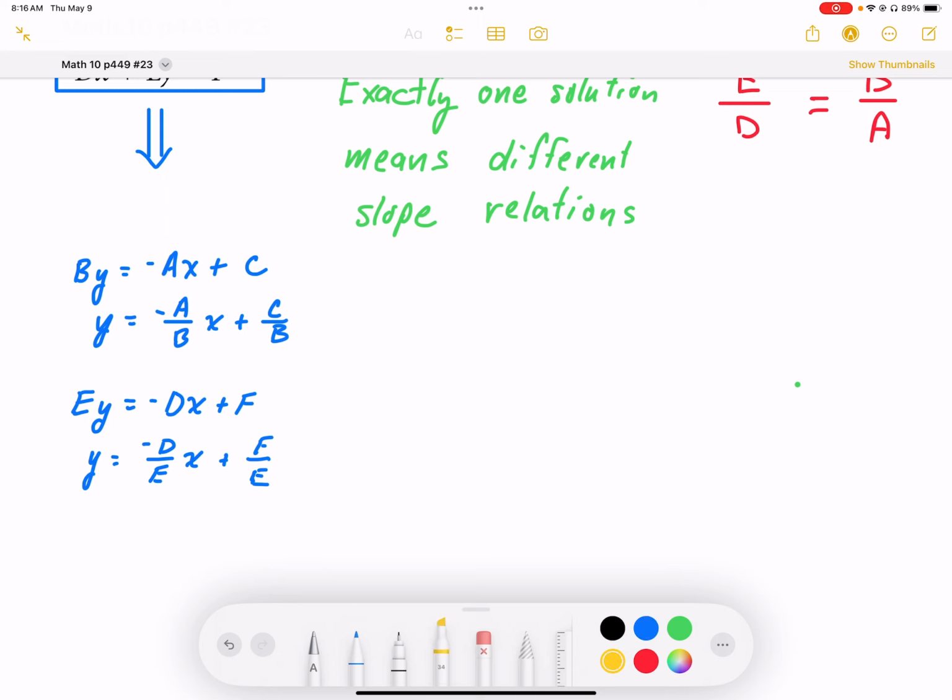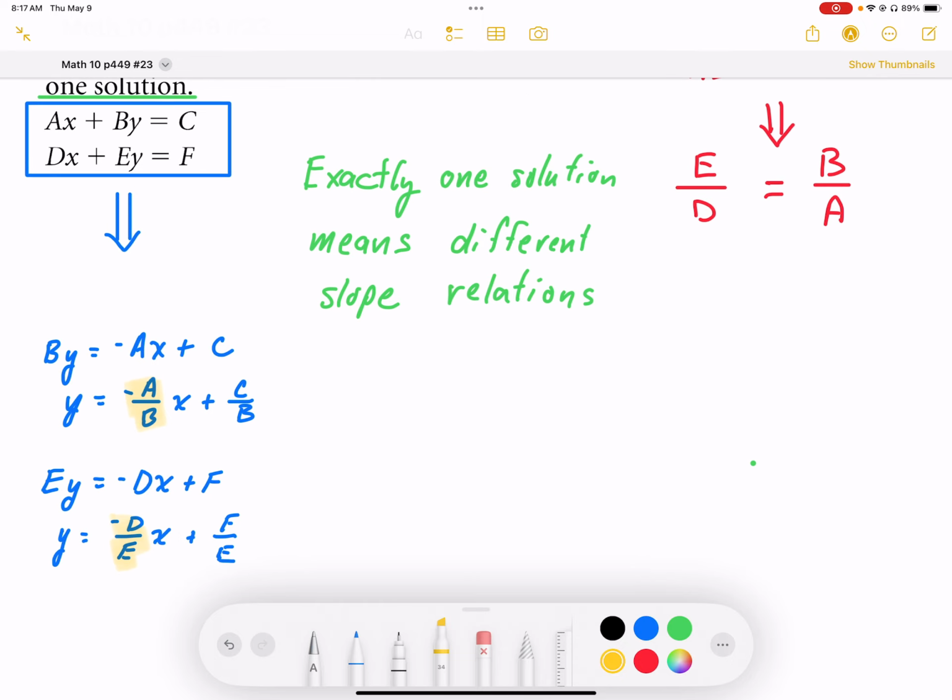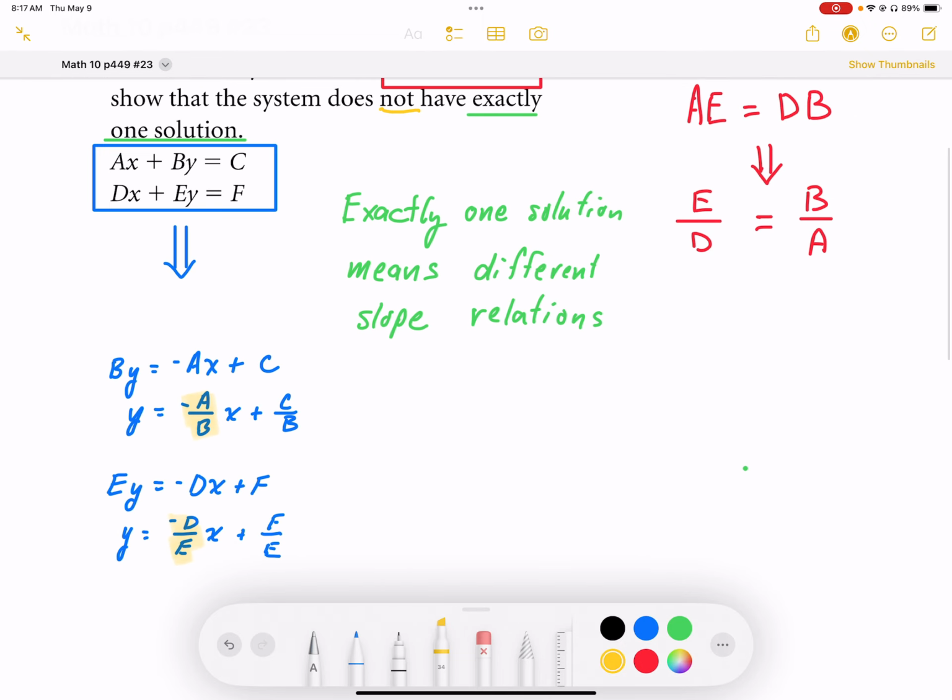So what we can do then is compare these two linear equations and see their slopes. That original relationship says that e over d is equal to b over a, or I think I've got it upside down. We could also say that d over e is equal to a over b, and we can see that those slopes are the same in those two equations.